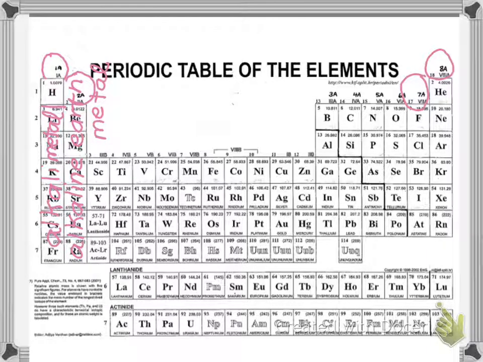The other 2 groups with column names or group names are group 7A, which is the halogens, and then group 8A, which are the noble gases. Now, if I remember correctly on the question, it also talked about transition metals.